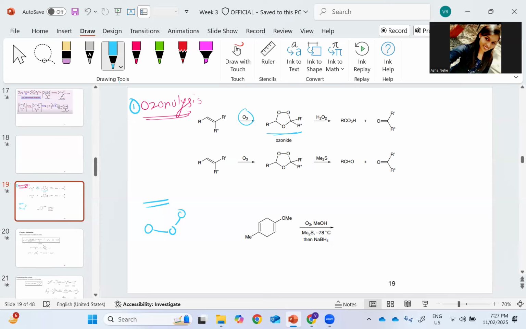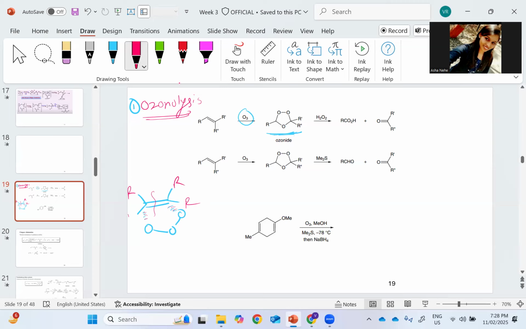The first step is just the formation of such an intermediate in which the O3 is attached on the syn side of this group, and it is converted into the ozonide by oxygen insertion. The oxygen is inserted in between the carbons which were double bonded, and the further conversion of this ozonide into either aldehyde or ketone depends upon what kind of R groups are attached here.